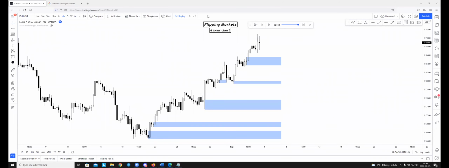So the 1 minute is over, and as you can see, I drew all of the zones that have at least 2 criteria: liquidity collect, break of structure, and inefficiency. Okay, let's check them out.